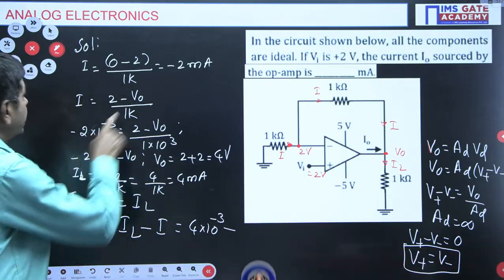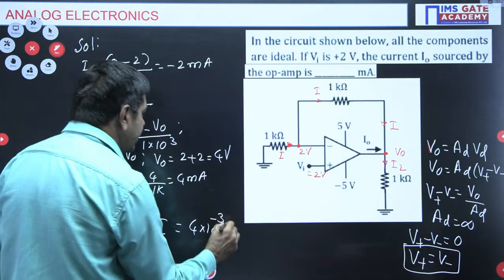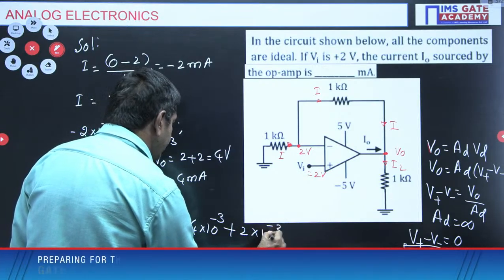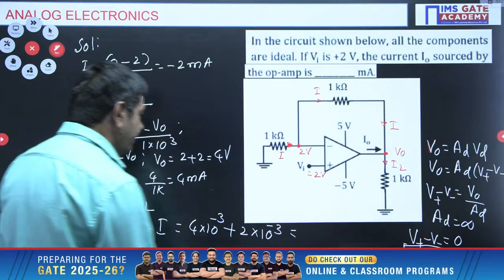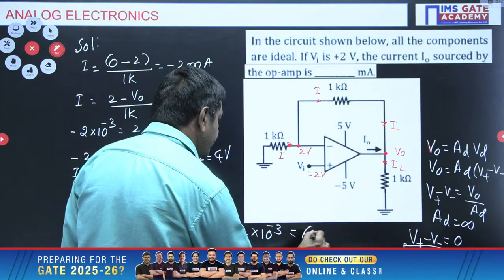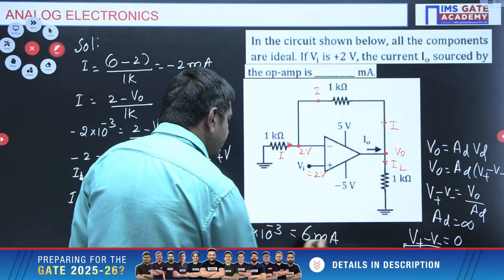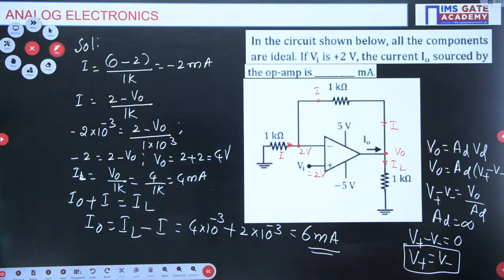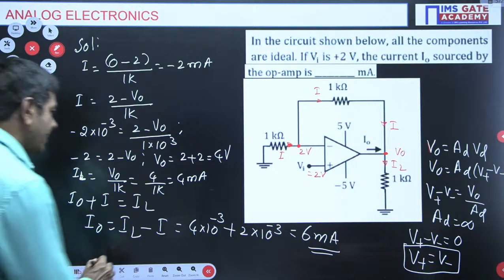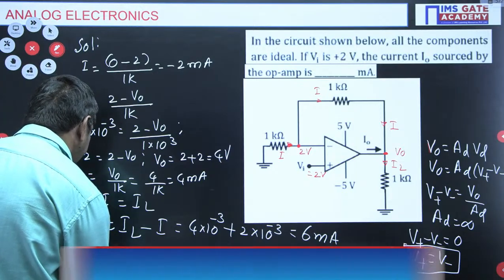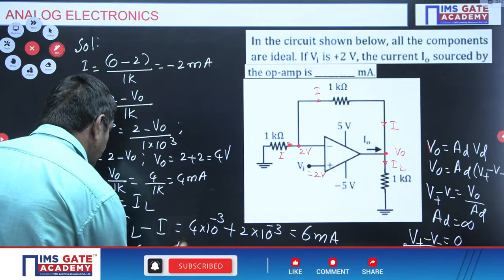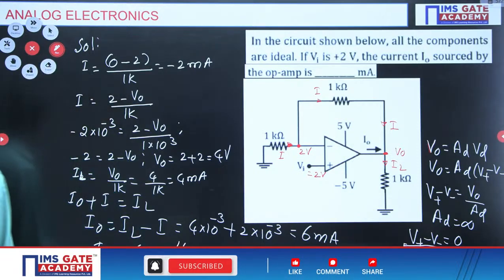I is minus 2 milliamperes, so I0 is 4 plus 2. Finally I0 is 6 milliamperes. Please note this down: the answer is 6 milliamperes. We can write directly that I0 is 6 milliamperes. That is the solution. Like that we need to tackle it.